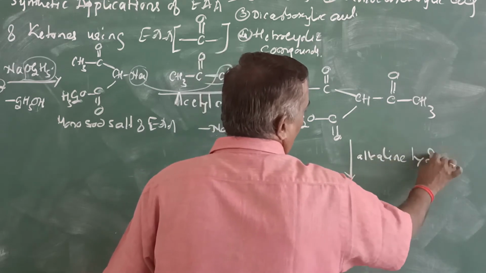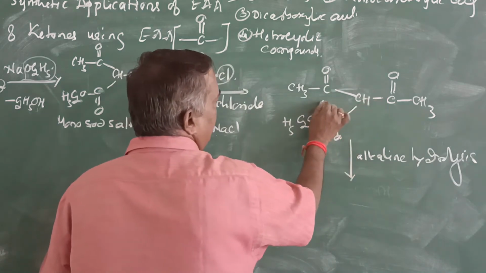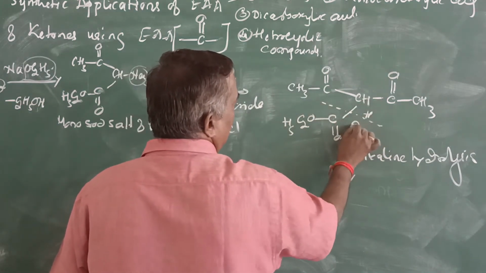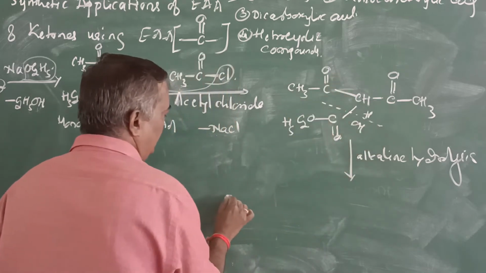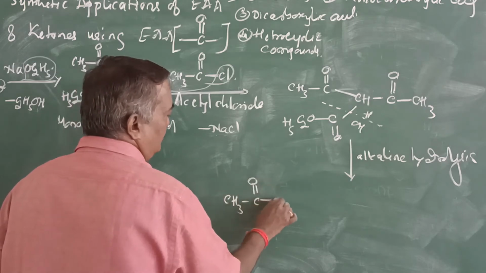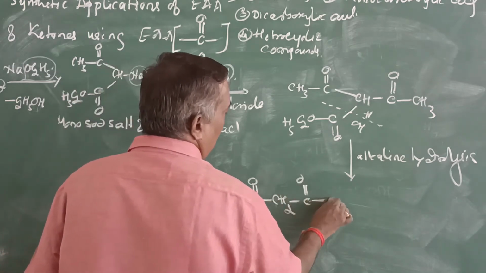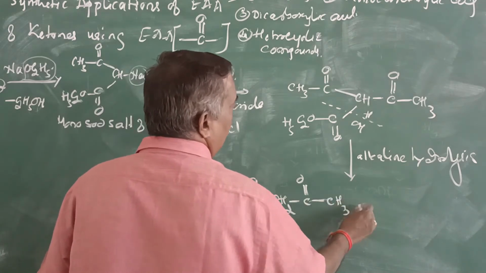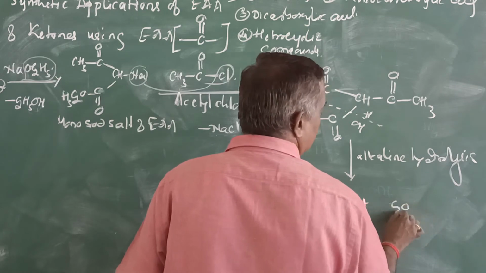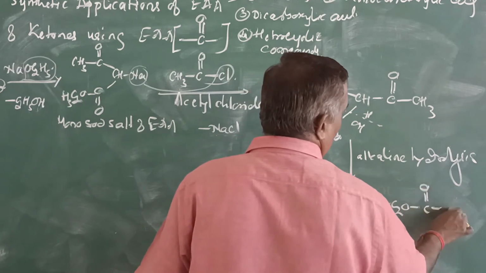Now this compound, as in the earlier step, is subjected to alkaline hydrolysis. When you do so, what happens? The same process: addition of H to this, OH to this. So you will get CH3, C double bond O, CH2, C double bond O, CH3, plus OC2H5, C double bond OH.